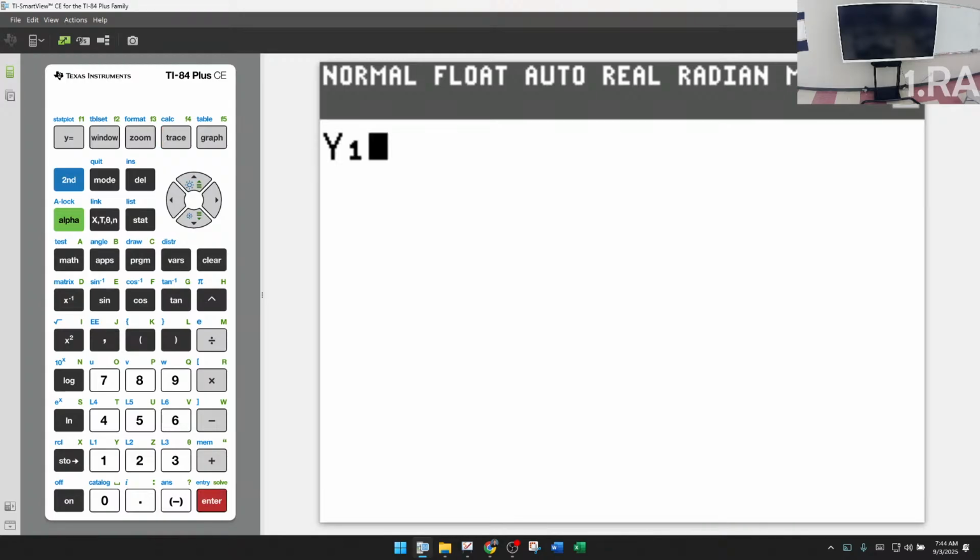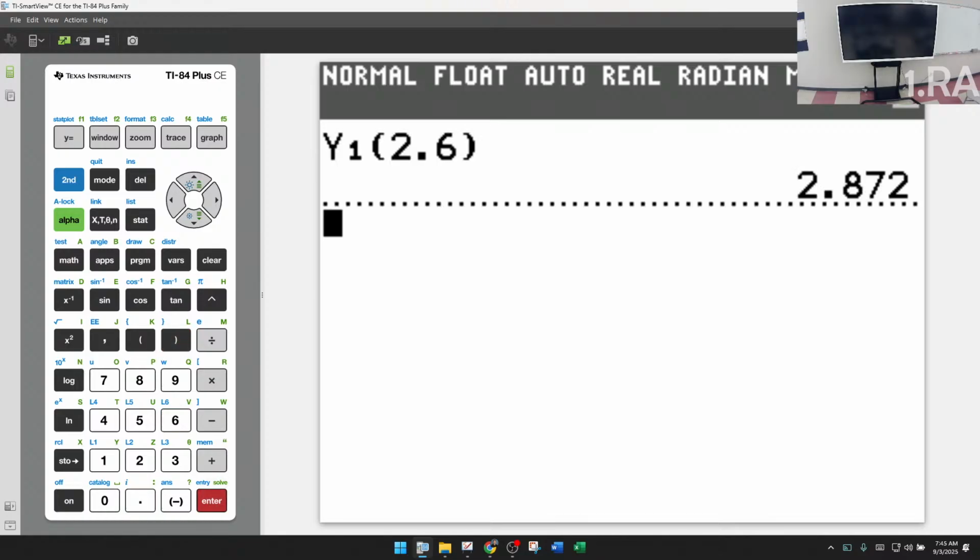What was that, 2.6? Right? That's my max, 2.6. I'm just going to plug it in and see what that is. 2.87. That's the absolute max, because that's higher than the curve. Okay with all that? I checked the curve, and I checked the max over here. And this was taller than this one, so that must be the absolute max.